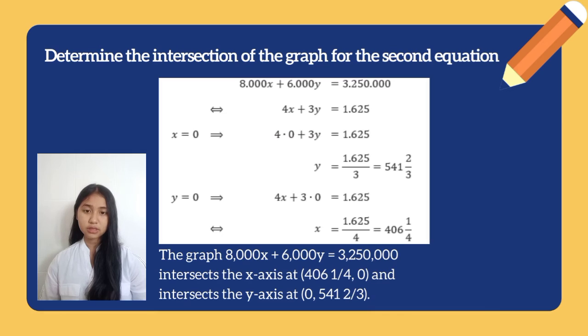Next, determine the intersections of the graph for the second equation. We use the same method as with the first equation, substituting x equal to 0 and y equal to 0, whereas the graph of 8,000x plus 6,000y equal to 3,250,000 intersects the x-axis at (406 times 1 divided by 4, 0) and intersects the y-axis at (0, 541 times 2 divided by 3).